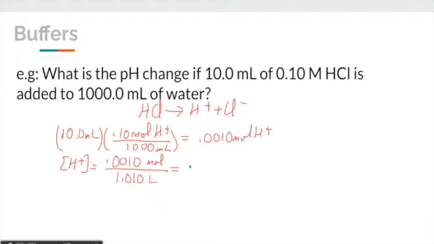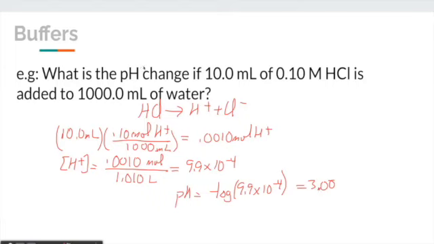So this works out to 9.9 times 10 to the negative 4. So what's our pH? The pH is equal to negative base 10 logarithm of 9.9 times 10 to the negative 4. And that comes out to 3.